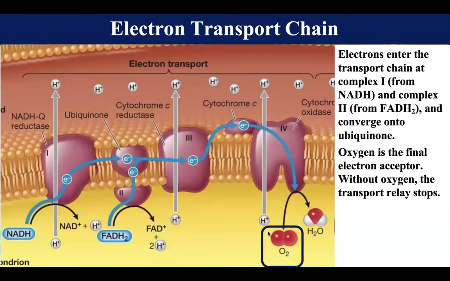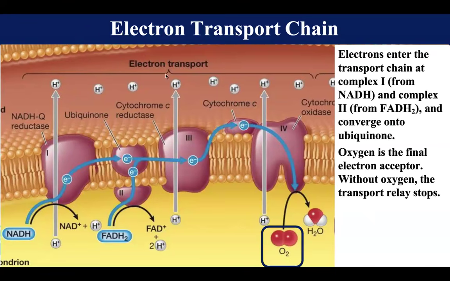So what's the point of accepting these electrons? The main point is to form a proton gradient. As electrons are accepted, protons travel through the proteins. Protons travel through each complex, forming a proton gradient on one side. So hydrogen ions are going through as each electron gets accepted.